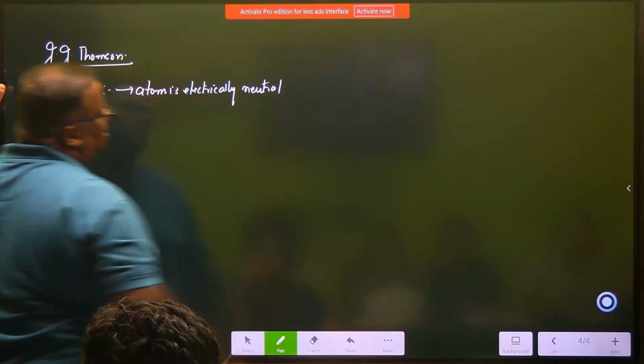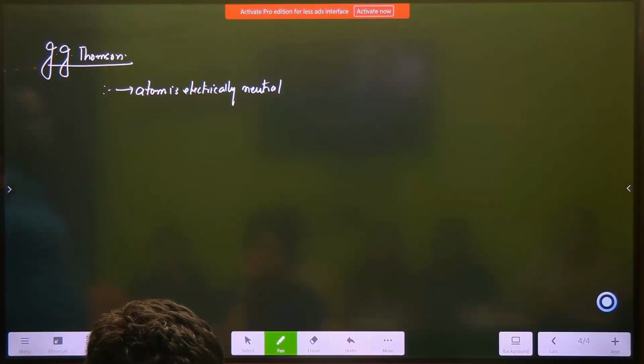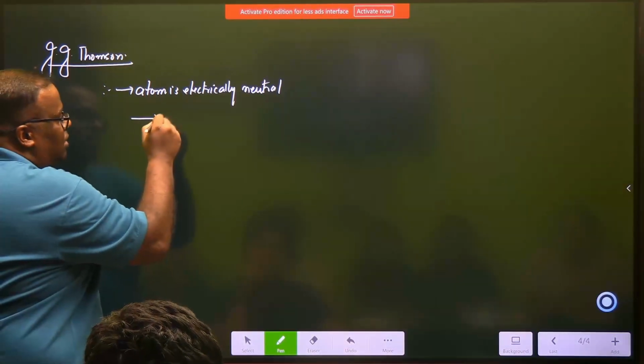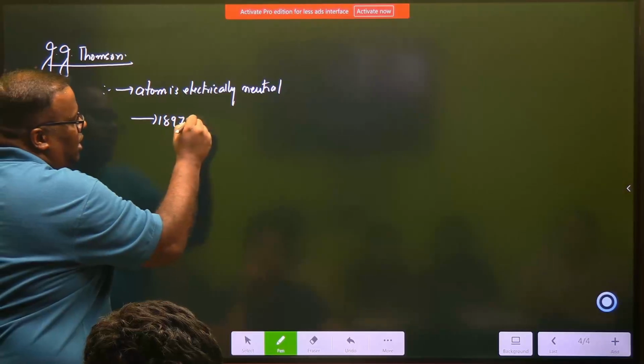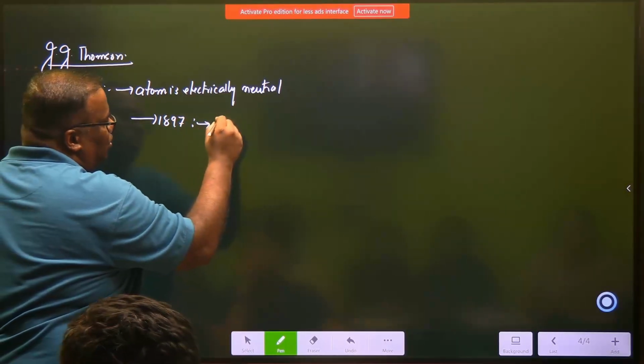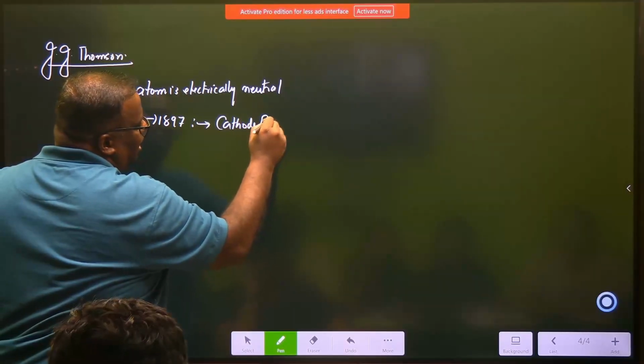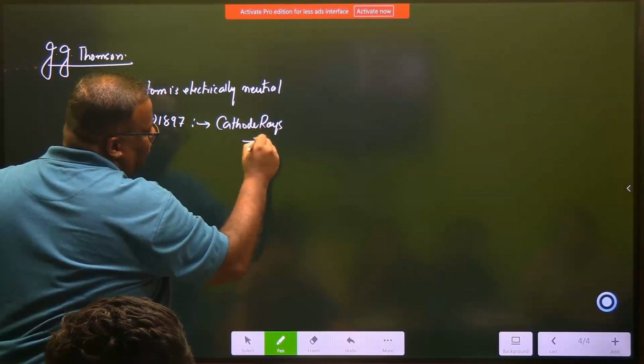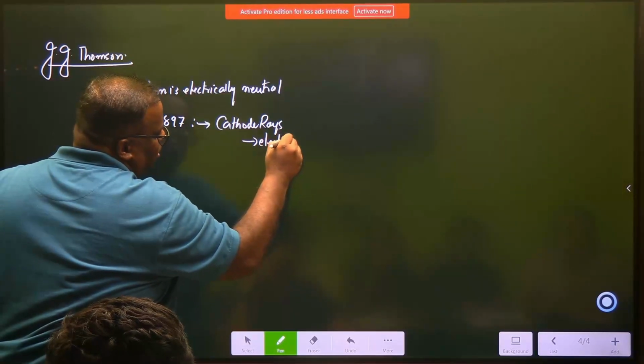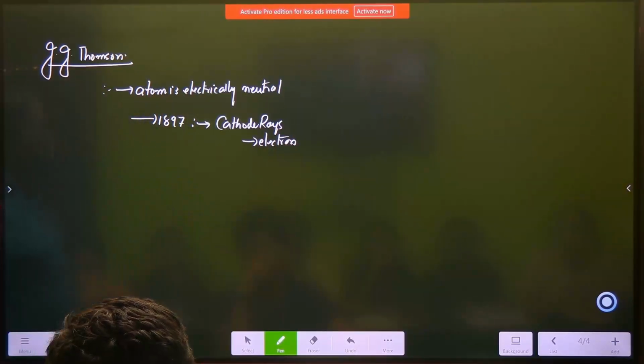So if the atom is electrically neutral, and by 1897 you have discovered something called cathode rays, and the name given was electron. For this, he has a Nobel Prize also.